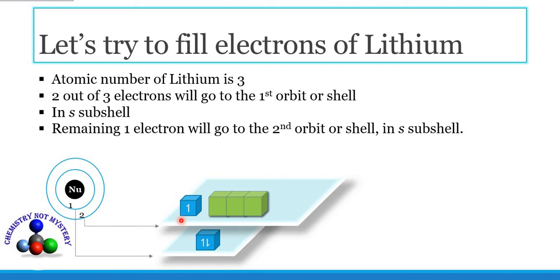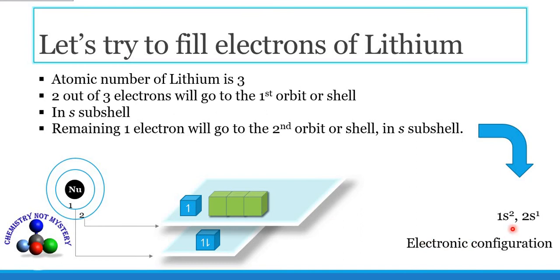So, the electronic configuration of lithium will become 1s2, 2s1. When you add the numbers written in the superscript, you will get the total number of electrons. Here, 2 plus 1 equals 3 electrons. 2 electrons are present in the S subshell of the first orbit and 1 electron is present in the S subshell of the second orbit.